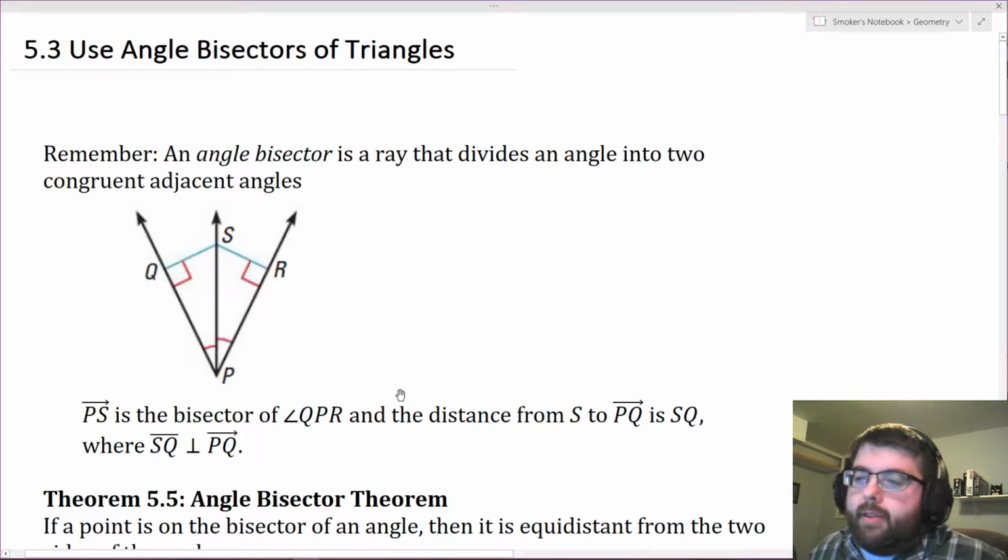And the distance from a point on this angle bisector, S, to PQ, this side, is going to be the same as the distance from it to the other side when hitting at a right angle. See how there are right angles here? So an angle bisector will cut the angle exactly in half, essentially.